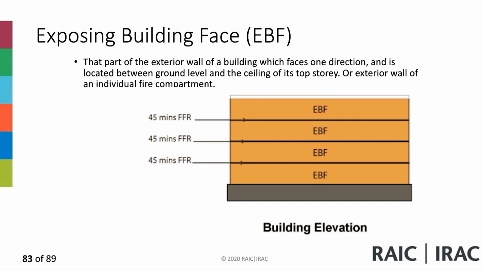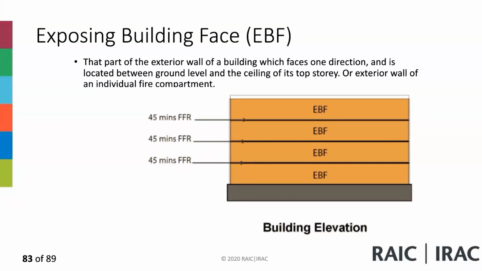But if you've got fire compartments of minimum fire resistance rating, then you can take the exposing building face of that compartment. And based on the area of that exposing building face of the exterior wall, the L over H or H over L ratio, you know it because it's the dimension of your exterior wall. Then you take a look at, you have already determined where your limiting distance is.